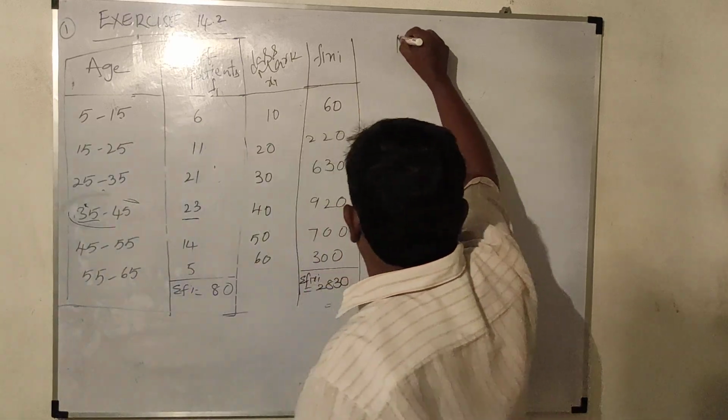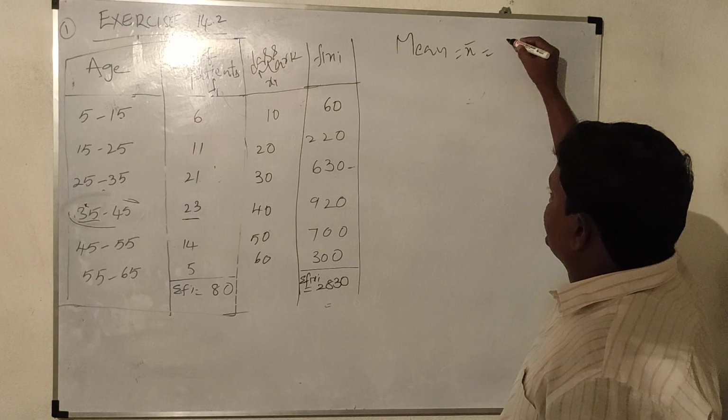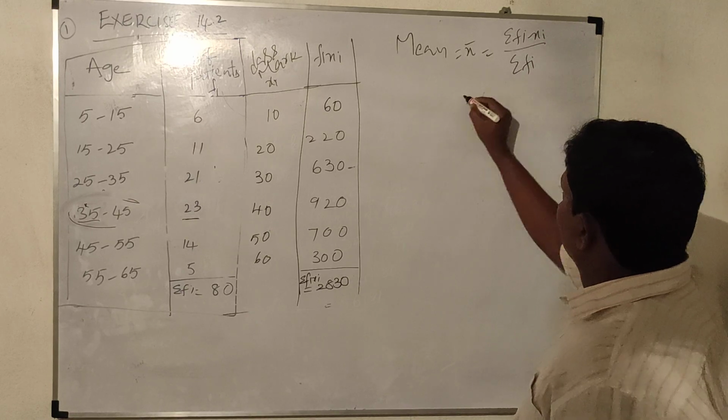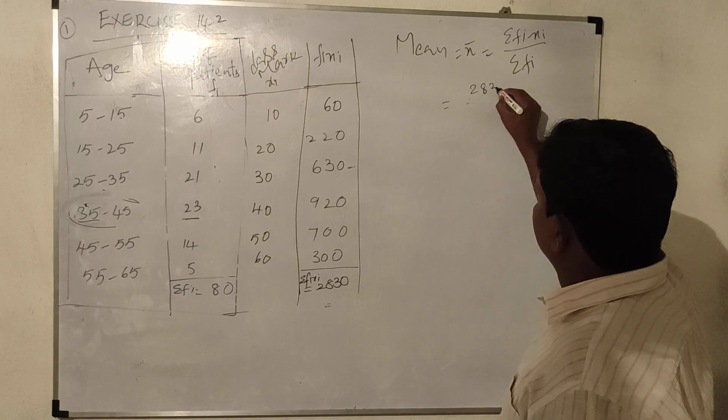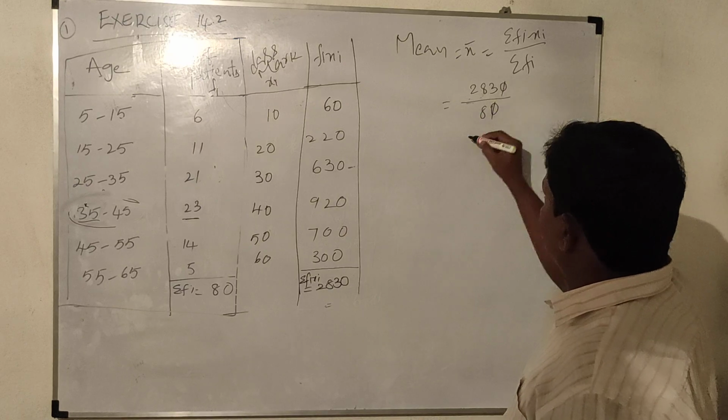So mean is equal to x bar is equal to summation fi xi by summation fi. Summation fi xi is 2830 by 80. 0 and 0 cancel.